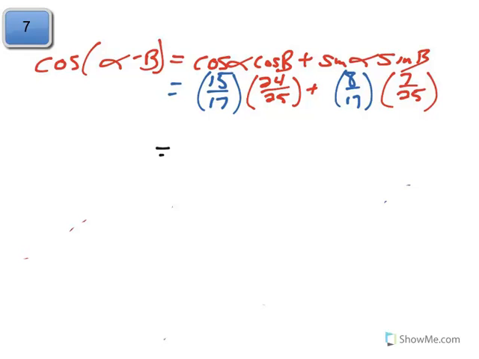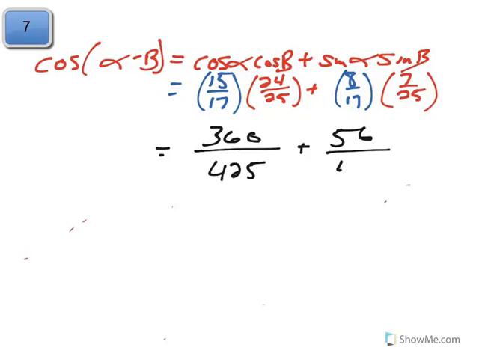So multiplying here, 15 times 24 using a calculator, that's 360. 17 times 25 is 425. 8 times 7 is 56. 17 times 25 is still 425.